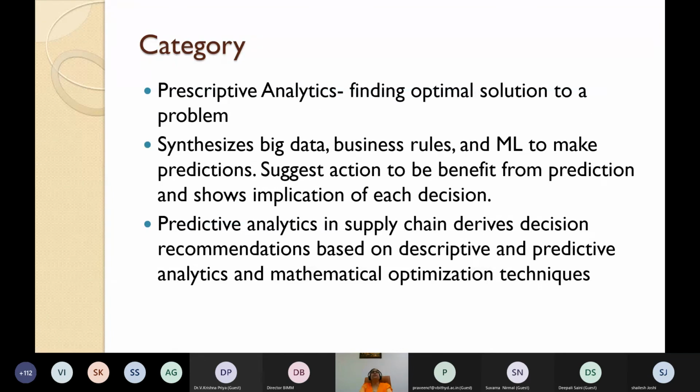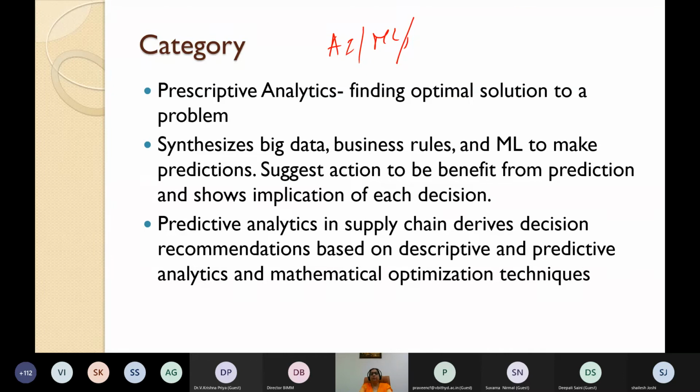Then comes prescriptive analytics, which is trying to find the best possible or the optimal solutions for the future. And when we talk about prescriptive analytics, we make use of tools like artificial intelligence, machine learning, and so on. And this brings in a new concept of data analytics, big data, which we will take up if time permits.